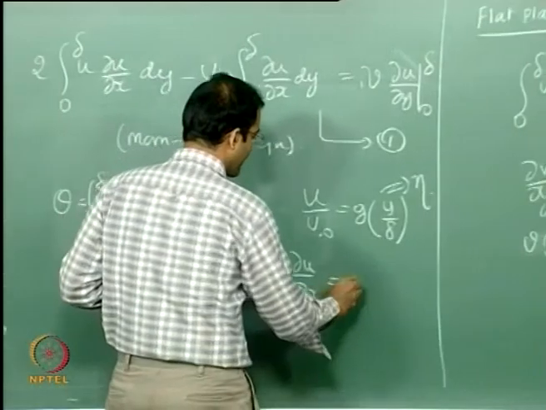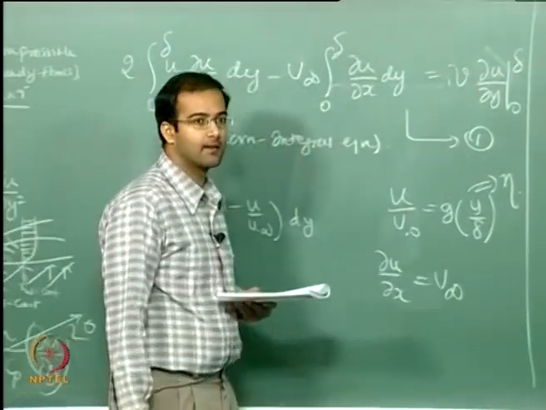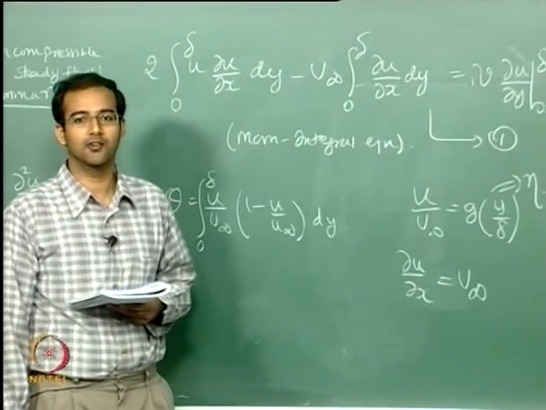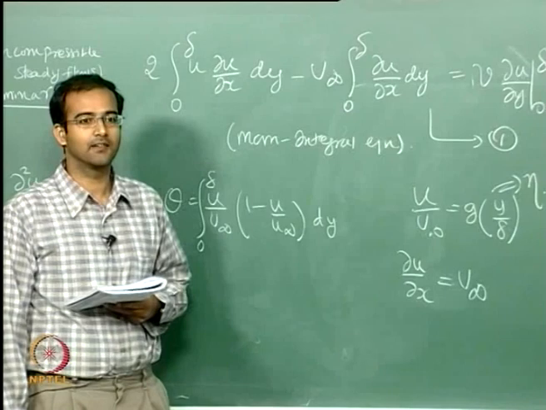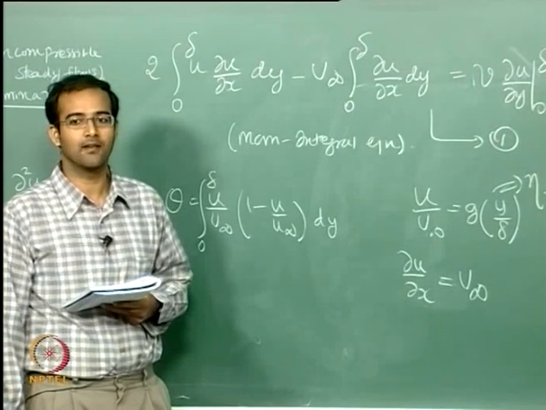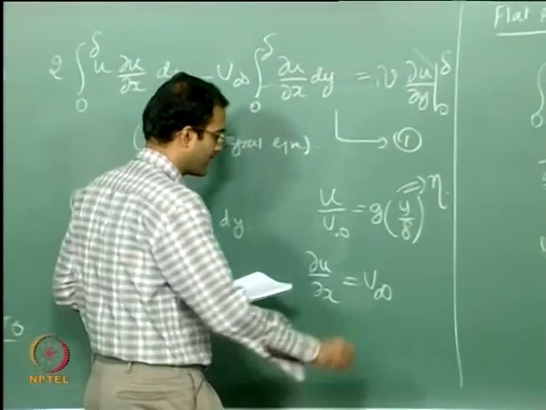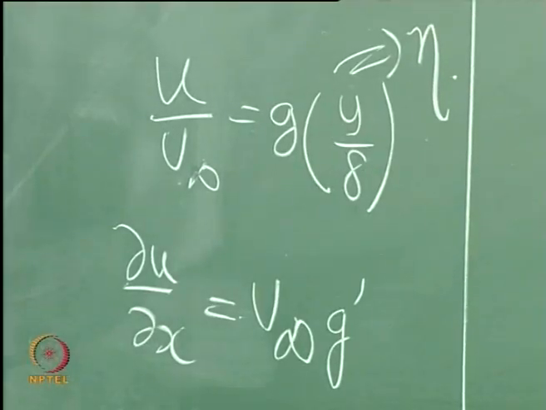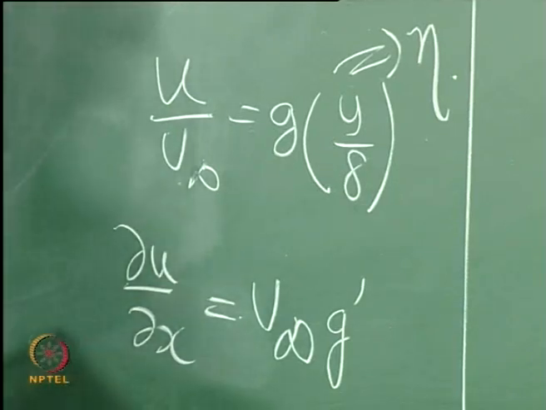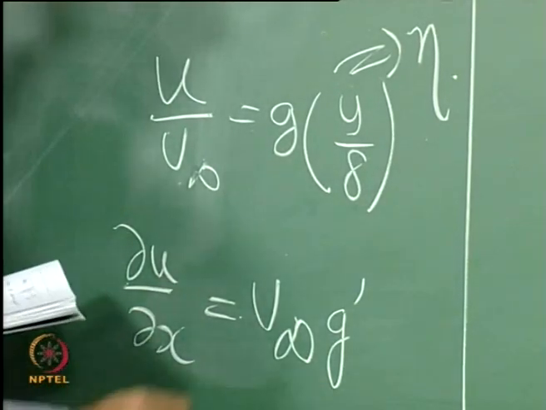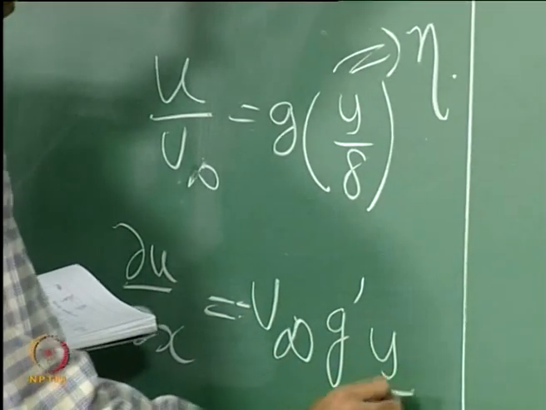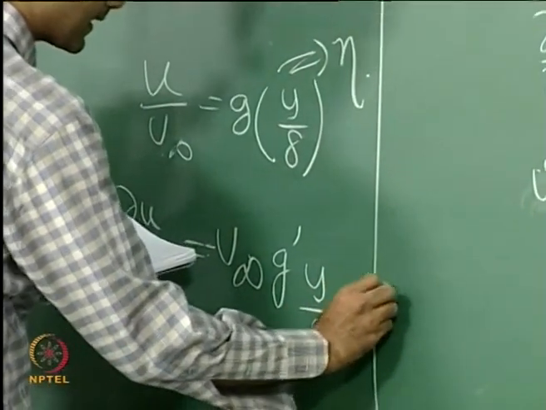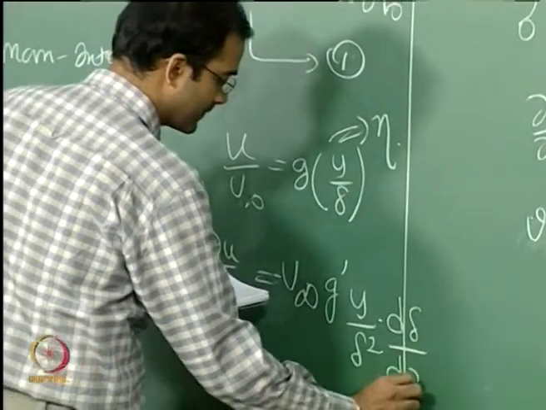That is basically u infinity times, you should go back and revise all your differentiation rules, g prime, and then minus y by delta square into d delta/dx.